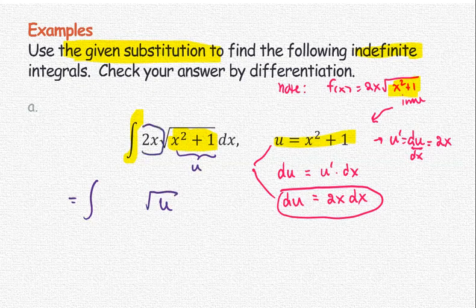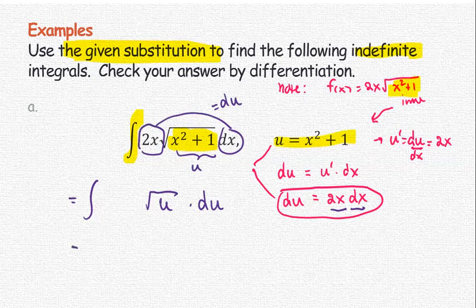And for the portion 2x multiplied by dx, that's equal to du. Now we have du multiplied by the square root of u. That means we have the indefinite integral of u to the power 1/2 with respect to u.